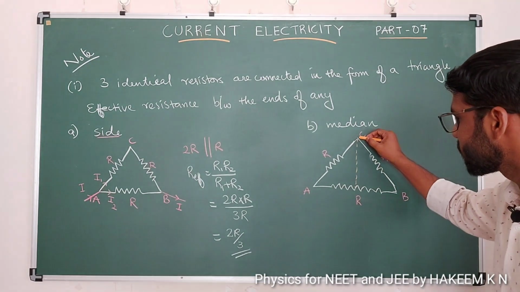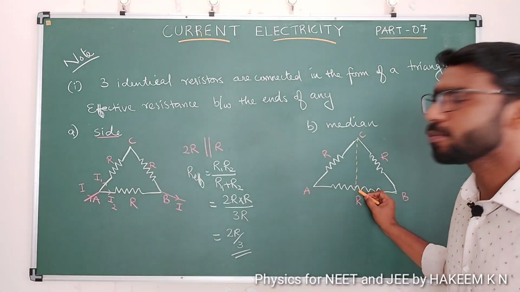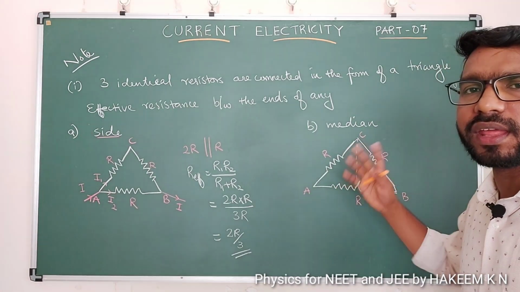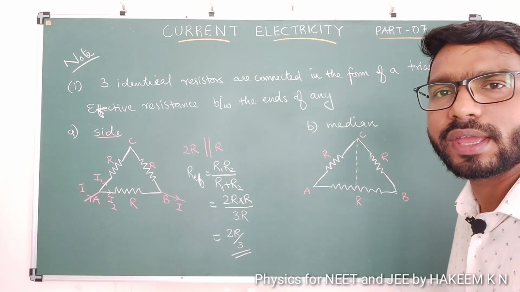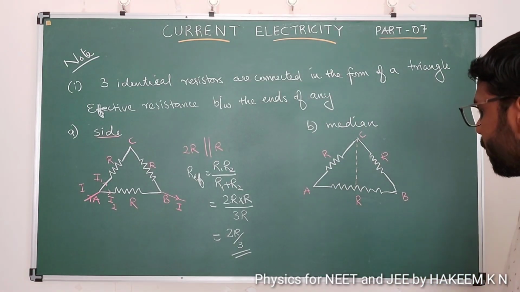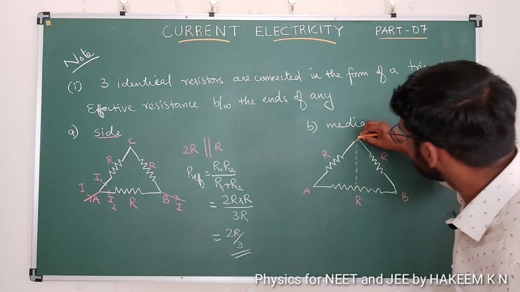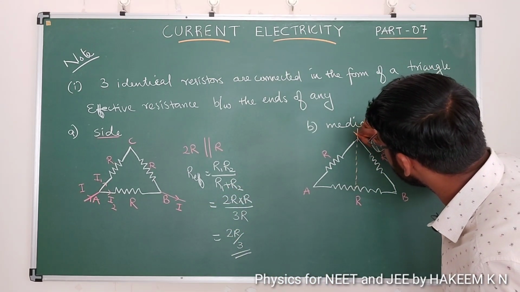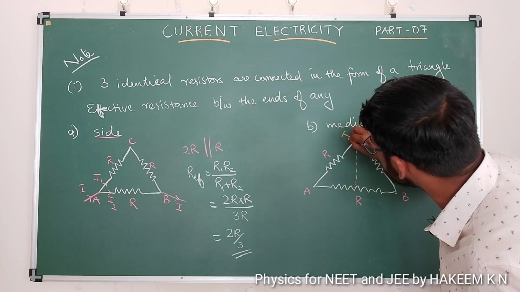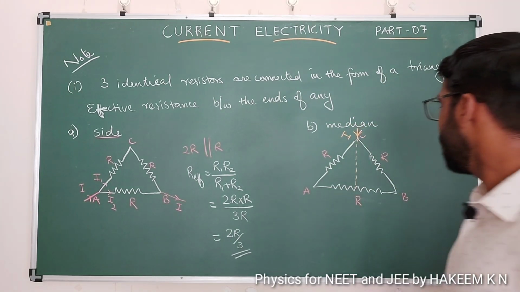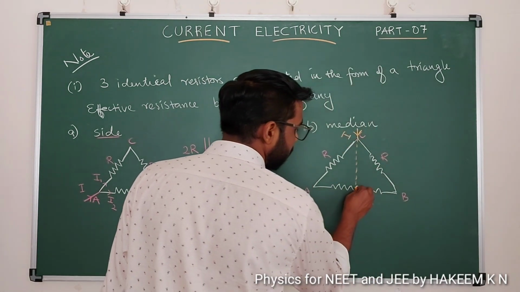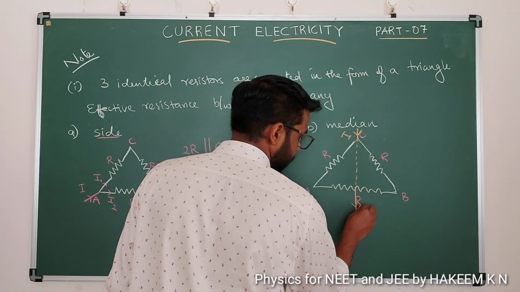Line connecting vertex and the midpoint of the opposite side, that is the median for an equilateral triangle. So here we just assume, as we did, the current I entering at C, and that current I should leave from here.